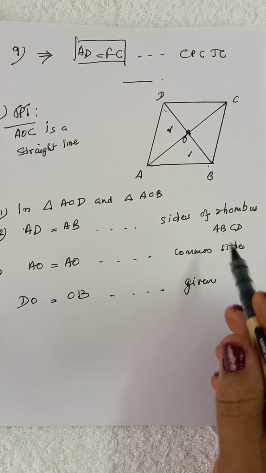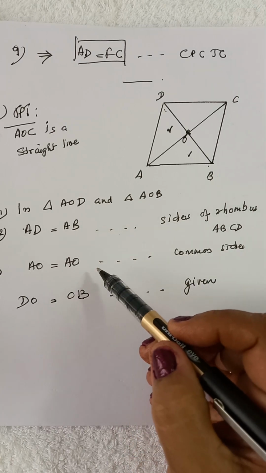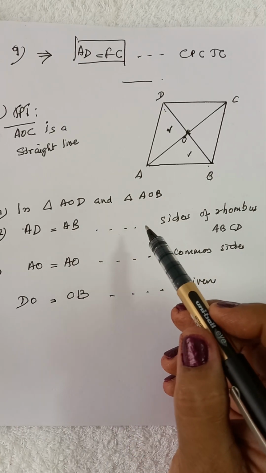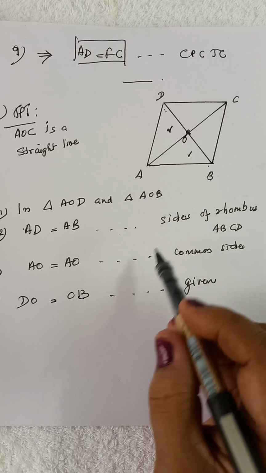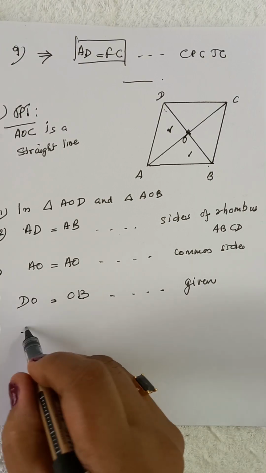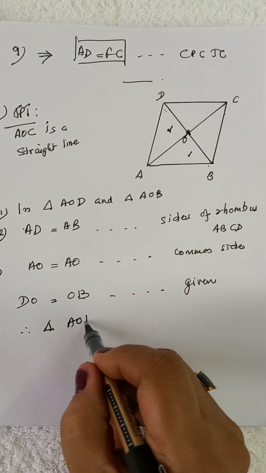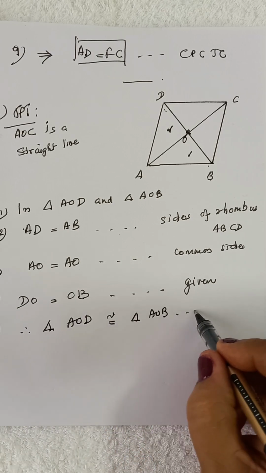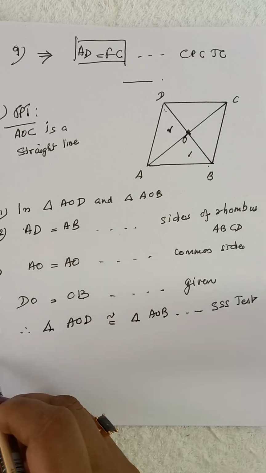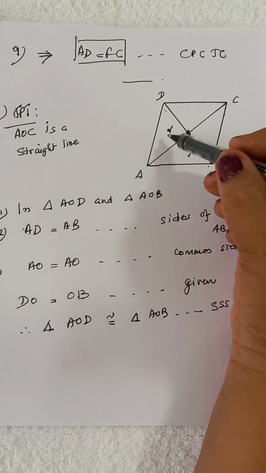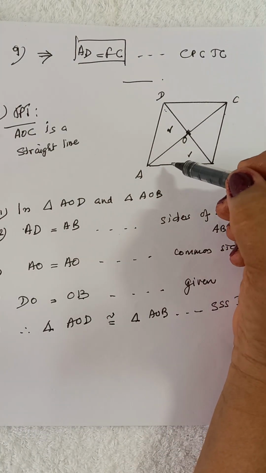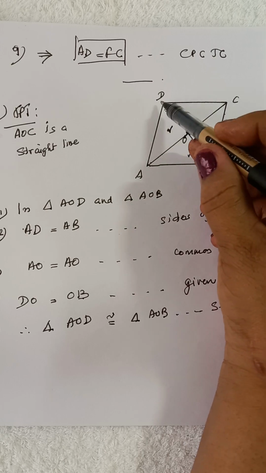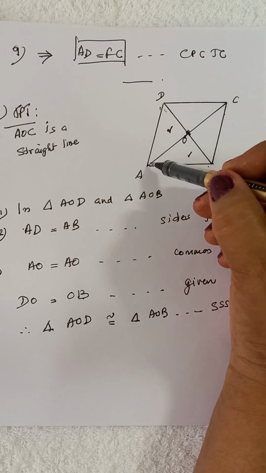So we got 3 parts as equal. That is 3 sides of these two triangles as congruent, equal. So we can write fifth point as therefore triangle AOD is congruent to triangle AOB by SSS test. Sixth point, these two triangles are congruent means angle AOD and angle AOB are equal.